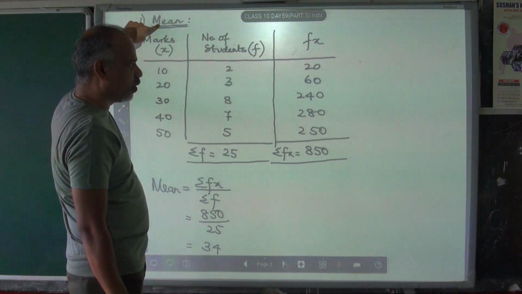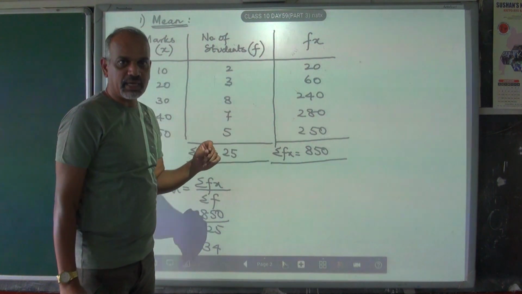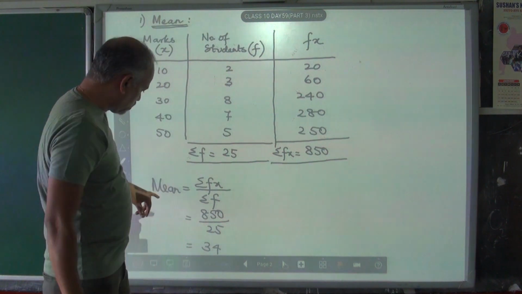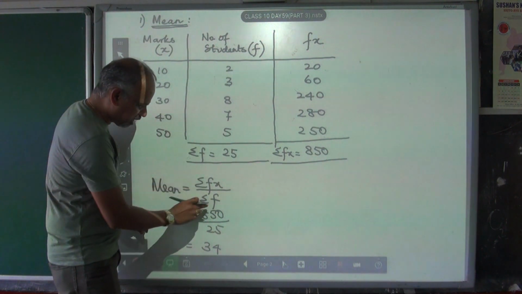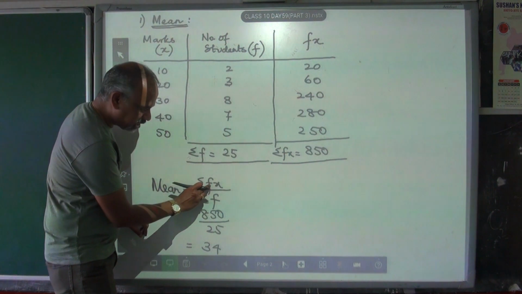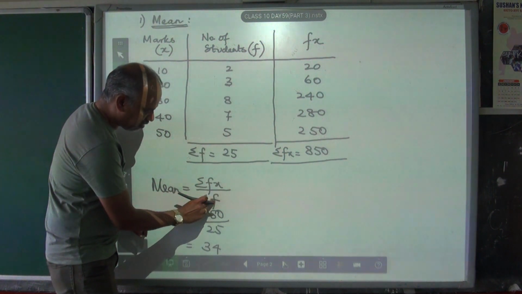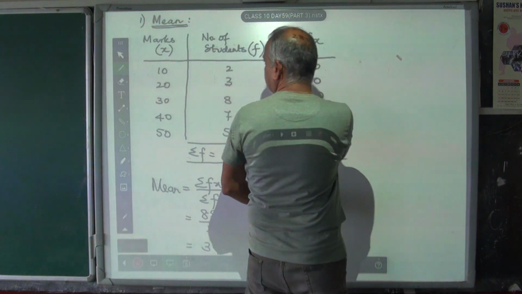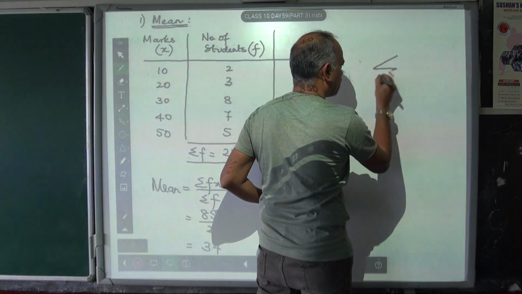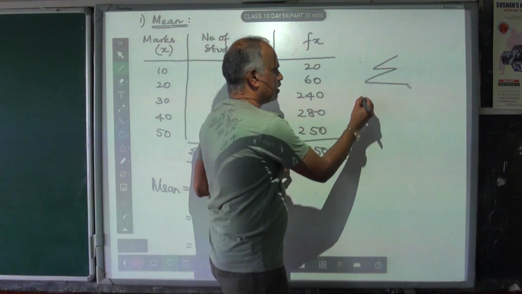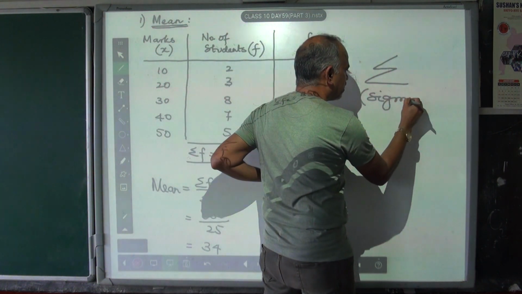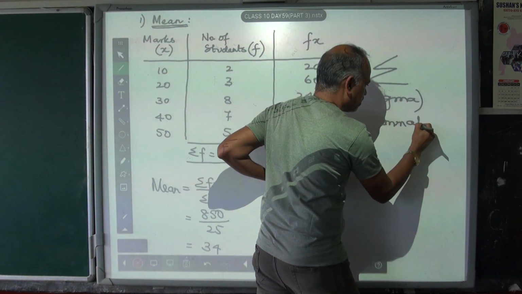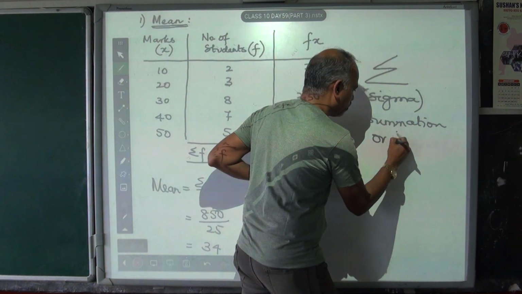The first thing that you have to know to do any calculation is the formula. Mean is given as sigma fx by sigma f. So there is a new symbol here. This is sigma, also called summation or total.